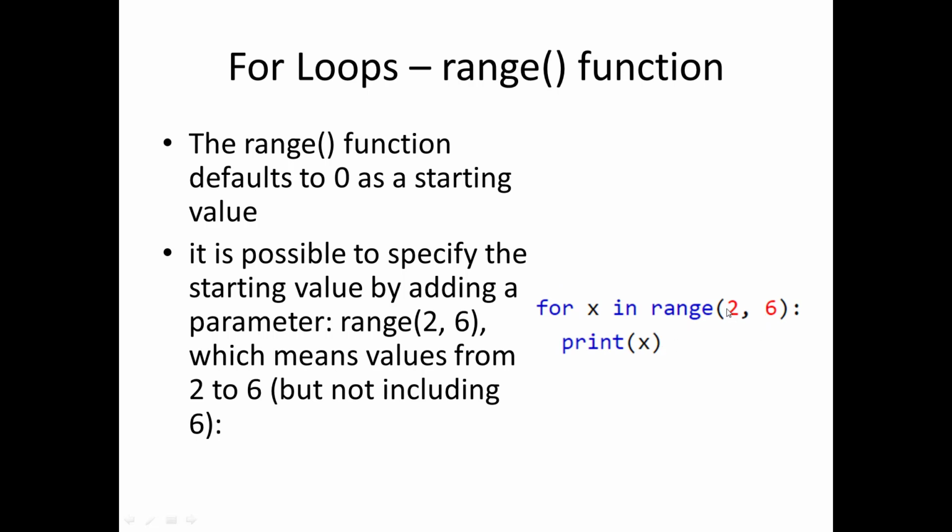So we'll print 2. It will continue to default to increment by 1, so we'll print 2, 3, 4, 5, but we won't print 6. And you're going to see in some of the challenge questions that we will manipulate this second value if we want to include it. We'll simply add +1 to it, and you'll see that in a minute.